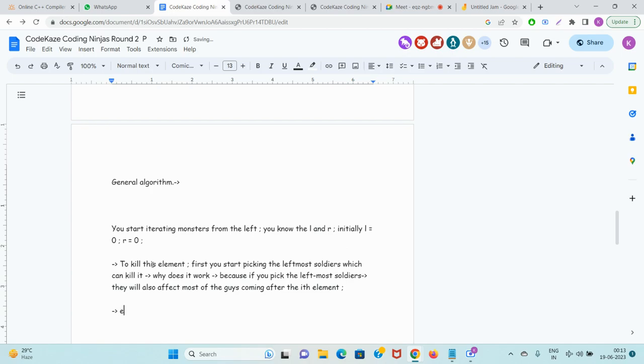If even the left soldiers are not able to kill the element, then you start using the rightmost soldiers.